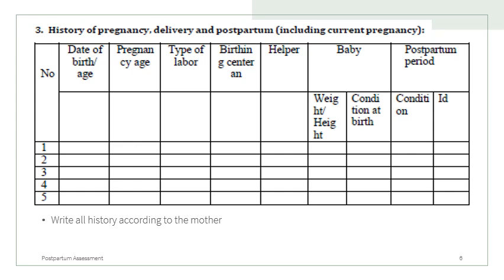And then we have to write the information about the baby, what's the weight, what's the height, and what's the condition at birth, does the baby have normal Apgar score, or the baby needs resuscitation, and how is it during the postpartum period, whether the mother has given birth and then the baby develops jaundice because of hyperbilirubinemia, and then the mother needs to put the baby in phototherapy, and whether the mother breastfeeds the baby, or the baby is having formula, or the baby is just only with breast milk all the time until today.